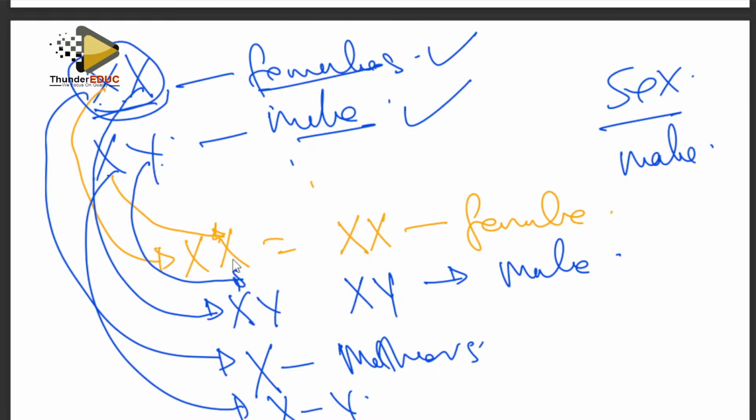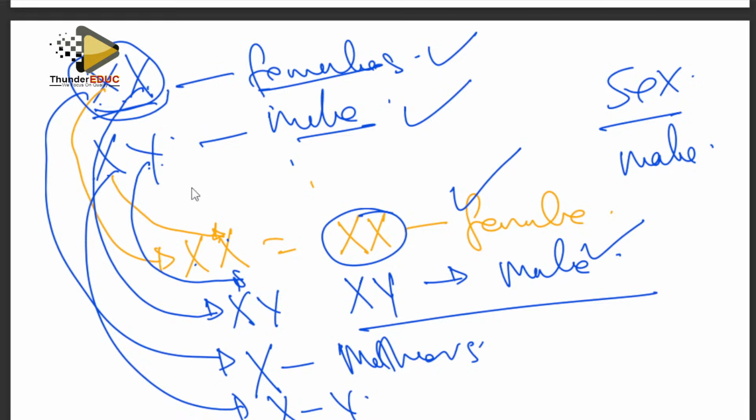If the X of the mother fertilizes the X of the father, the individual is going to be female. If the X of the mother fertilizes the Y of the father, the individual is going to be male. So then you conclude that children always inherit an X chromosome from the mother.